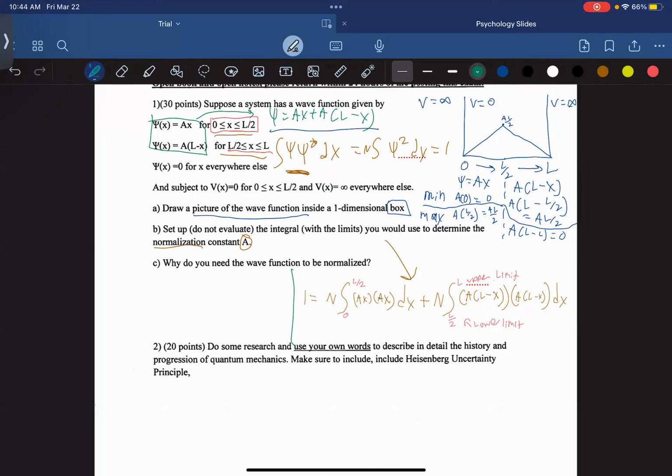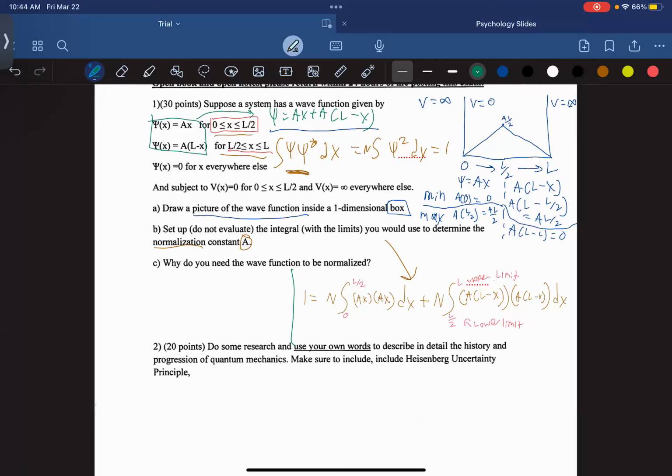Oh, nice. Yeah, that's exactly right, Monica. You have to be able to find the particle. So by normalizing the wave function, you're mathematically trapping your particle in the box. So you know that it's in the box. You don't know where in the box, but you know it is in the box.